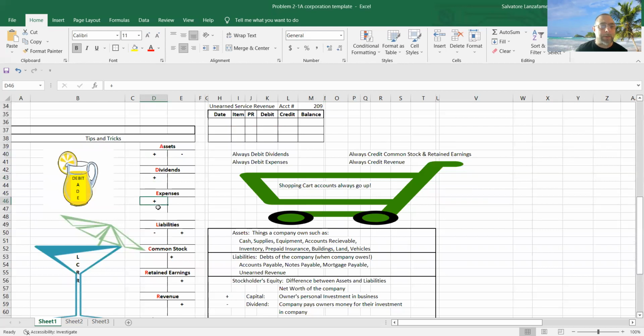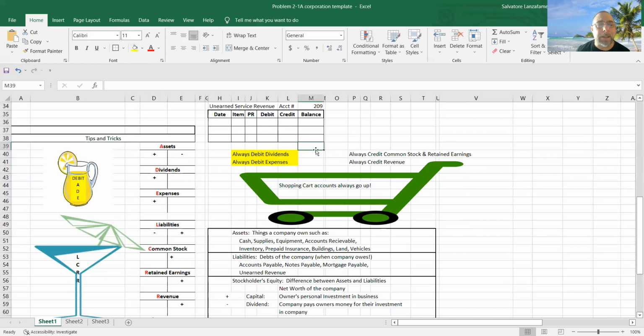Of these 3 debit-aid accounts, the only one that goes up and down on a regular basis is the assets. So under normal conditions, you always debit dividends, and you always debit expenses.